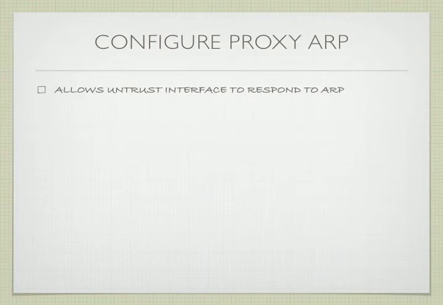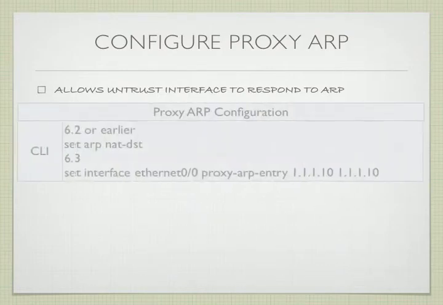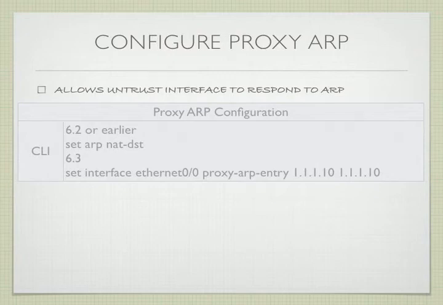Proxy ARP is configured on the interface. This allows the untrust interface to respond to those ARP requests from the carrier for addresses that are not configured on it. So in 6.2, if you just set ARP NAT-dst, every time you create a policy, it will automatically ARP for that particular request.